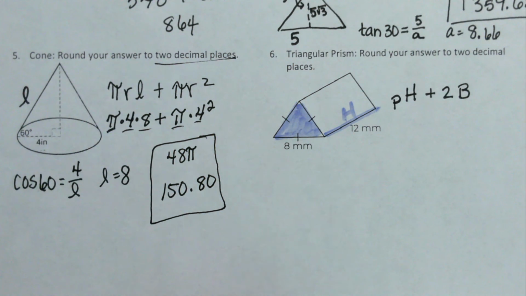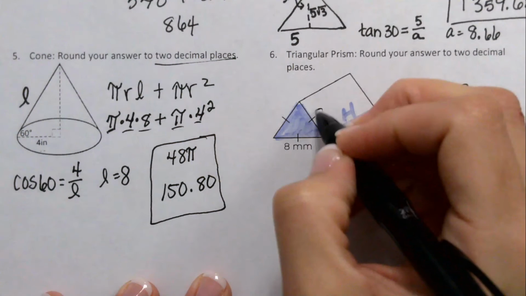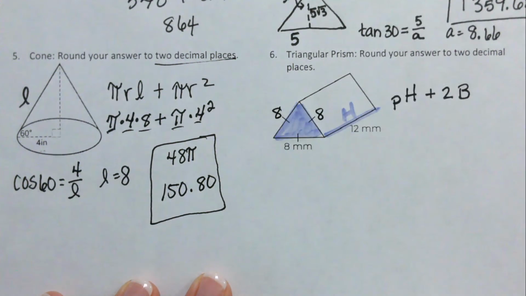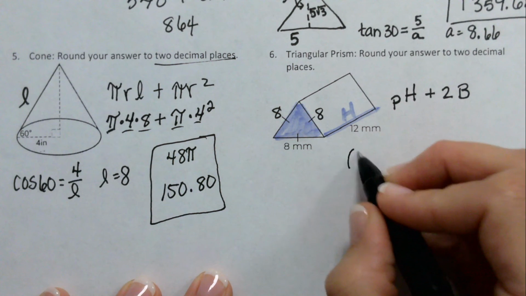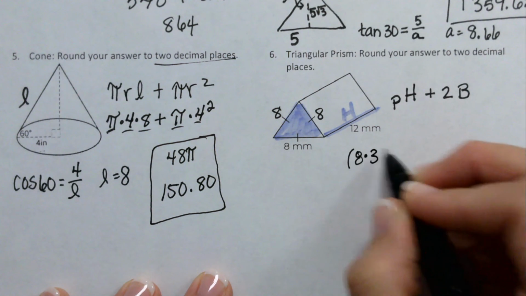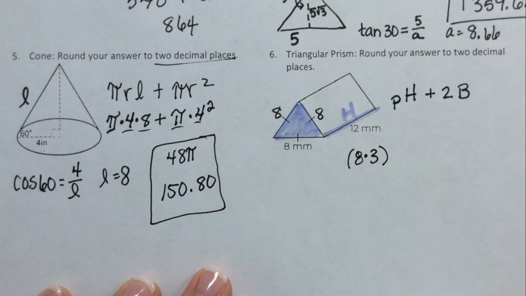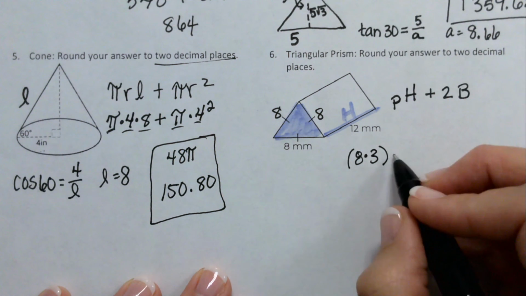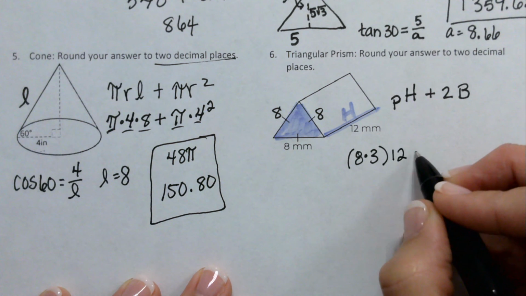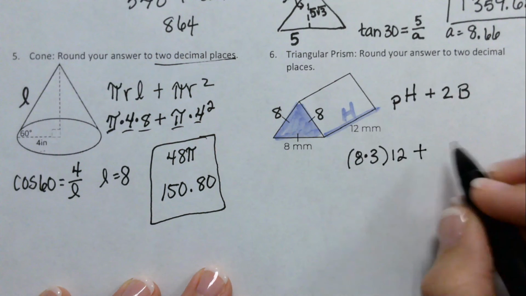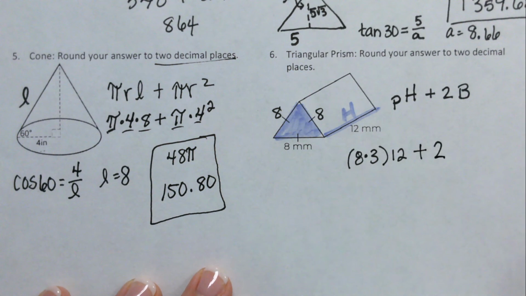So the perimeter, again, is the perimeter of the base, and it's going to be 8 and 8 and 8. So 8 times 4, that's going to be my perimeter. Sorry, times 3. And then my height we already have labeled as 12. Plus 2 base areas.